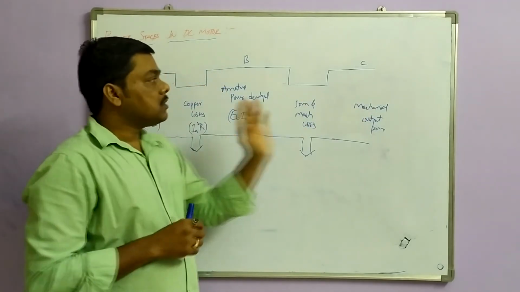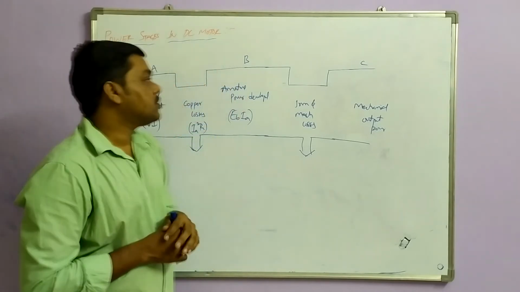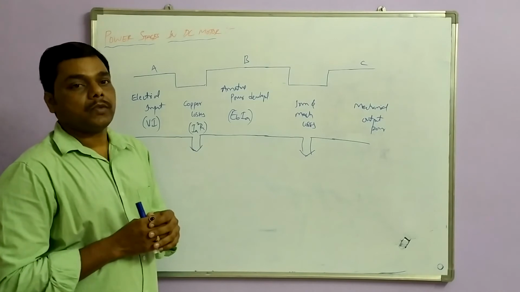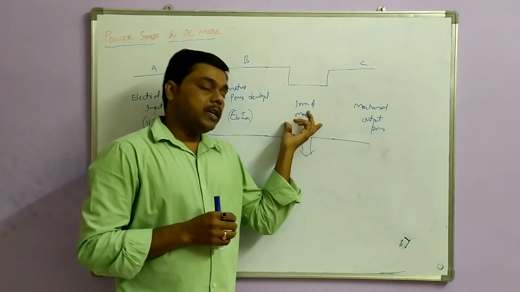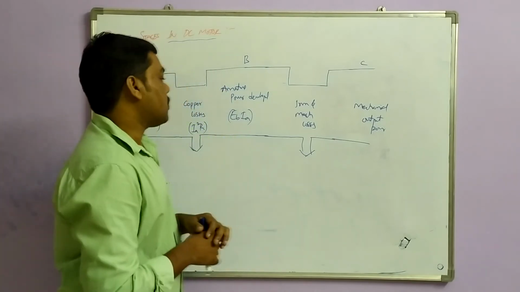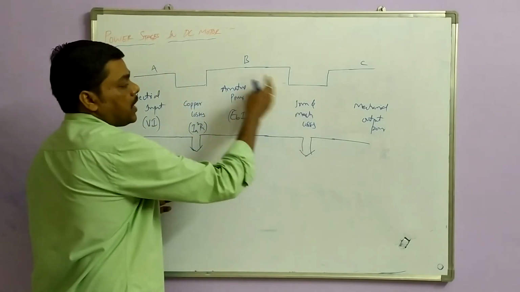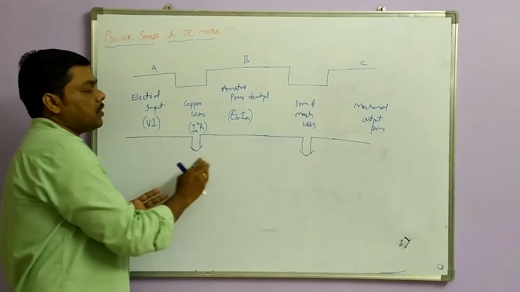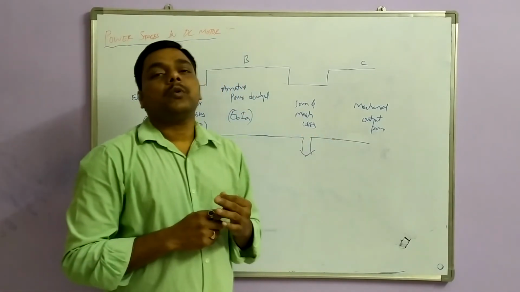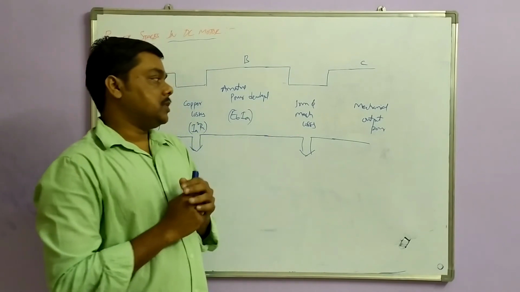Now, from these three stages, what we can observe here, so there are two types of losses. Okay, major three types. So iron and mechanical we will call it as stray losses. So copper losses and iron and mechanical losses. So if you deduct these two losses, we will get the actual output power of this machine.